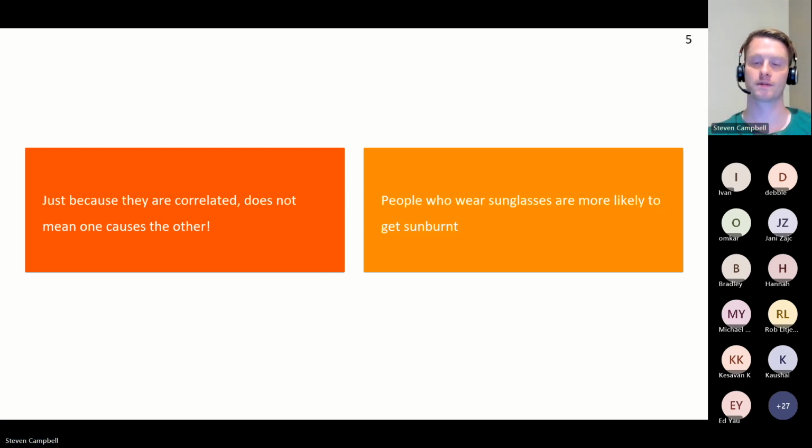But these are very highly correlated, and an incorrect assumption would then say, okay, you're more likely to get burned if you wear sunglasses, because the more people are wearing sunglasses, the more people are sunburned. Of course, that's not true. We know there's a third factor, the sun, which is causing both of these. So it's really, really important to understand your data.